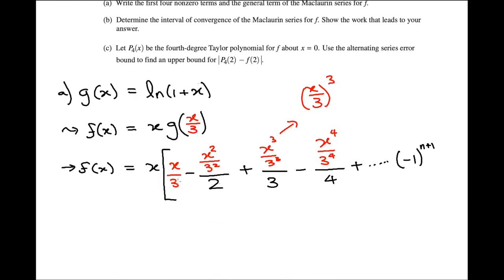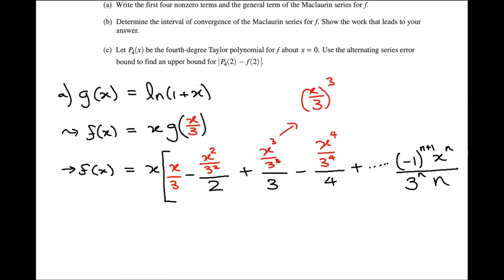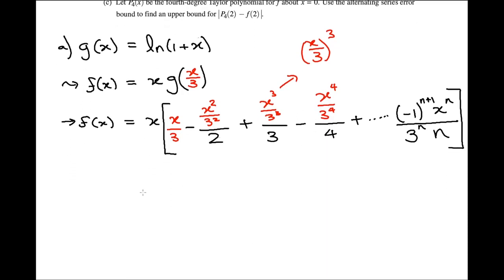You can kind of see we have 3 to the first here, 3 to the second here, 3 to the third here, 3 to the fourth here. So we have x to the n, we're dividing that by 3 to the n, and then we have just times the n there, which we already have there. And now we can just distribute the n to all of these, and we'll have our final answer.